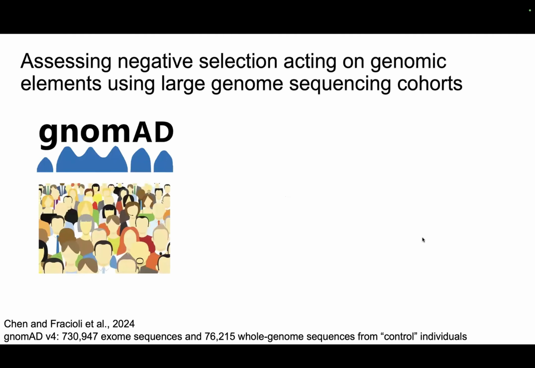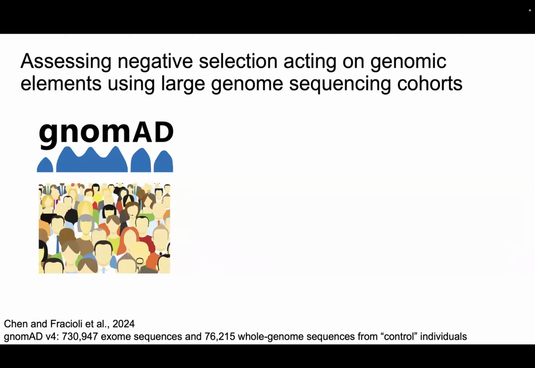We thought really hard about answering that question, and then we landed on tools from population genetics. What we thought to do was to use genetics or genomics data from large populations of control individuals to try to find evidence for negative selection in these novel isoforms. The idea is that if they're important, they'll have evidence for negative selection in these large populations, and they'll tend not to be mutated.